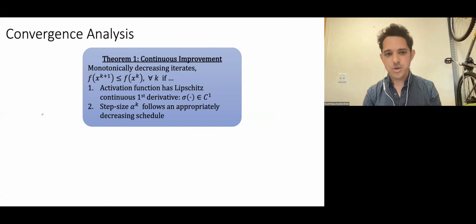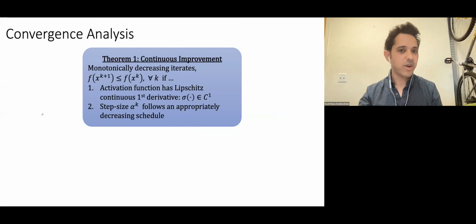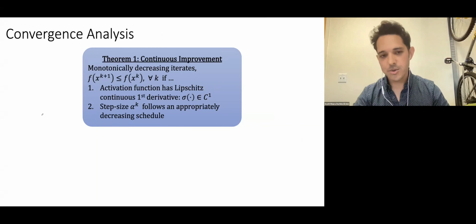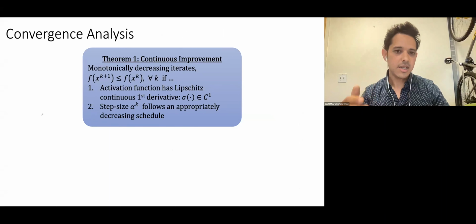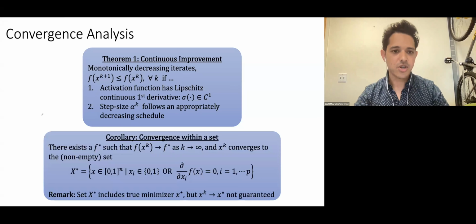I'm not going to dwell too much on the theoretical analysis, because if you're really interested, the papers are available to you to check out. But we've been able to prove nice properties, like the iterates of Hopfield decrease the objective function monotonically given certain conditions. And then it converges within a set, and this is important: it converges into a set that contains the optimal solution for the original unrelaxed problem, but also other solutions, right?